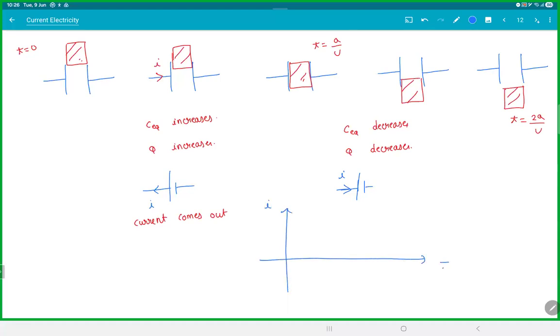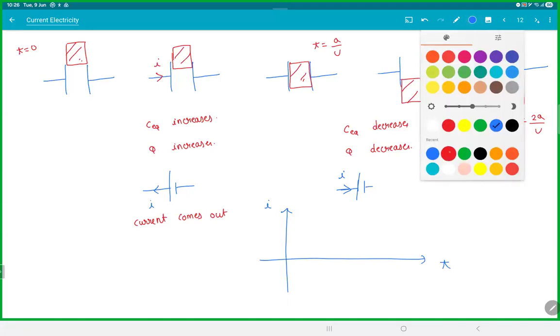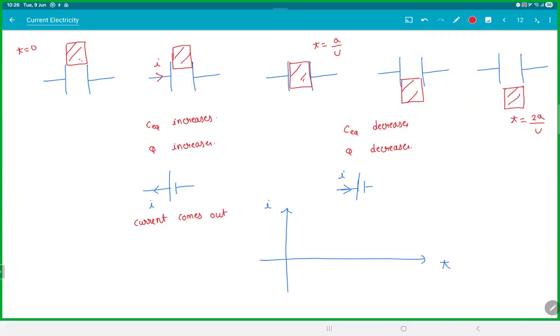So if you try to plot the current versus time graph, this is what you will notice. Again, we are assuming current coming out of the battery is positive. So you have a constant current, then the current is constant but the sign will change, and then it becomes zero. Most people mess up this part. They realize it is constant and they will just draw it like this.